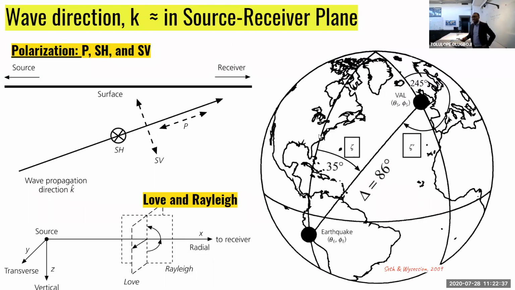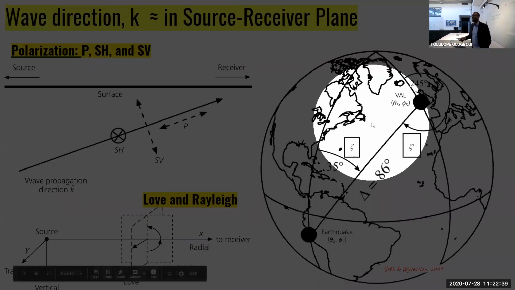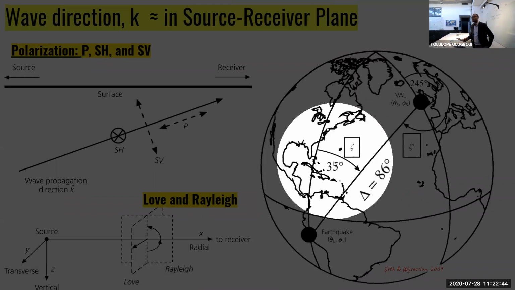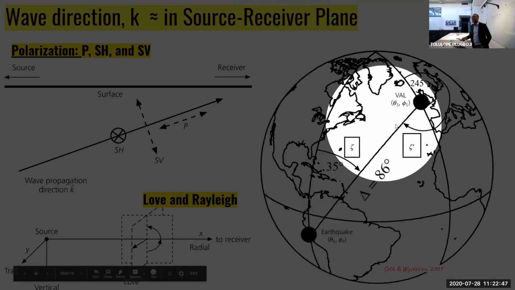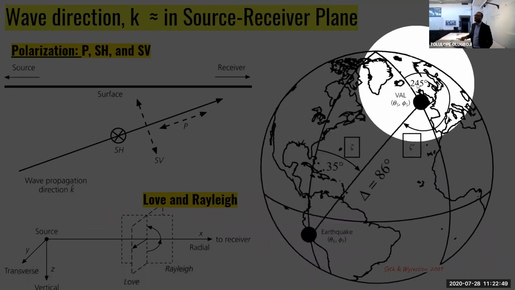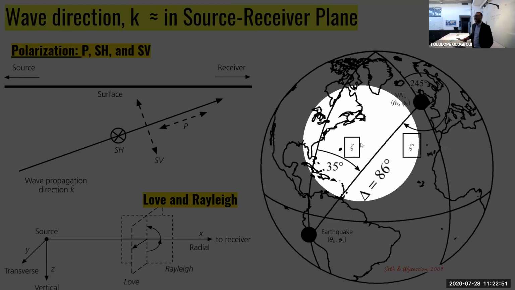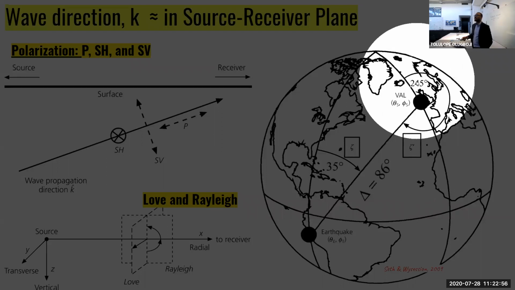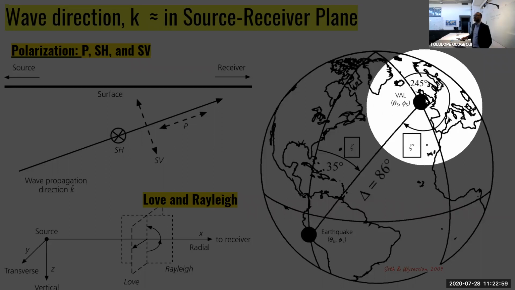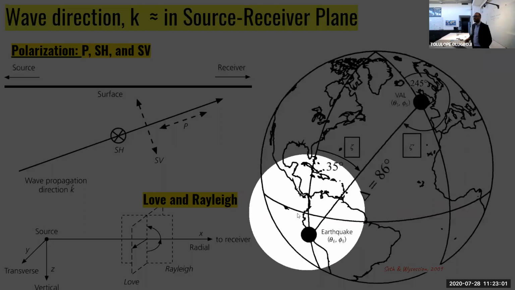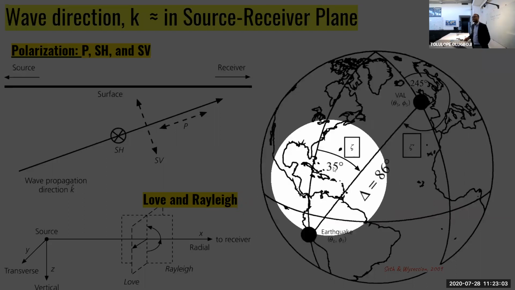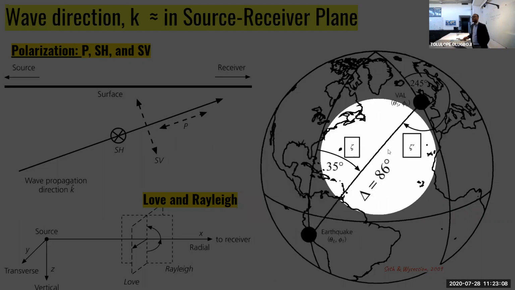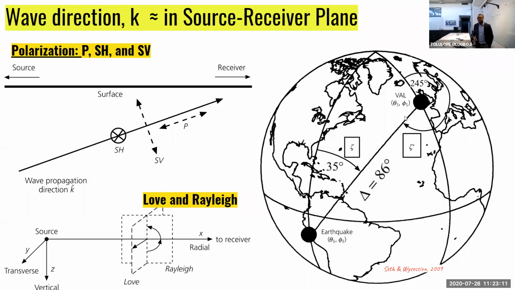On our planet, if you've got an earthquake here and a station there, there will be an azimuth along which the wave travels, along the great circle path between the earthquake and station. Relative to this azimuth, there's another angle called the back azimuth, xi prime, that is just the alternative, looking at the azimuth from station to earthquake. So to review, earthquake to station azimuth is xi, station to earthquake back azimuth is xi prime.